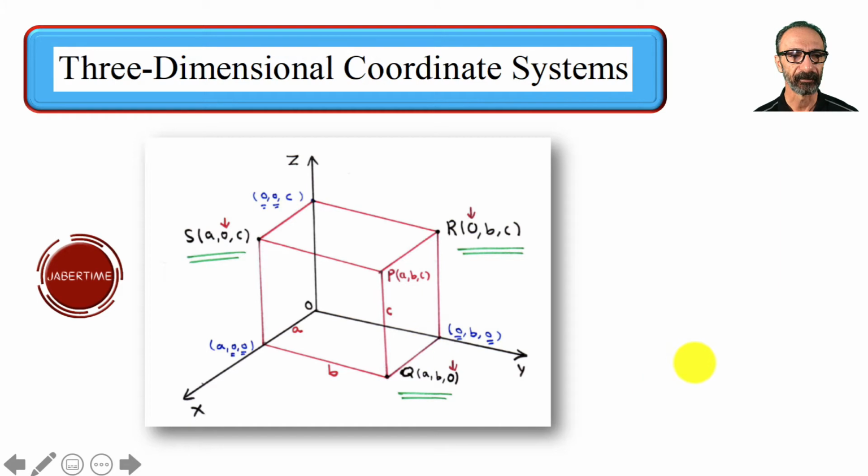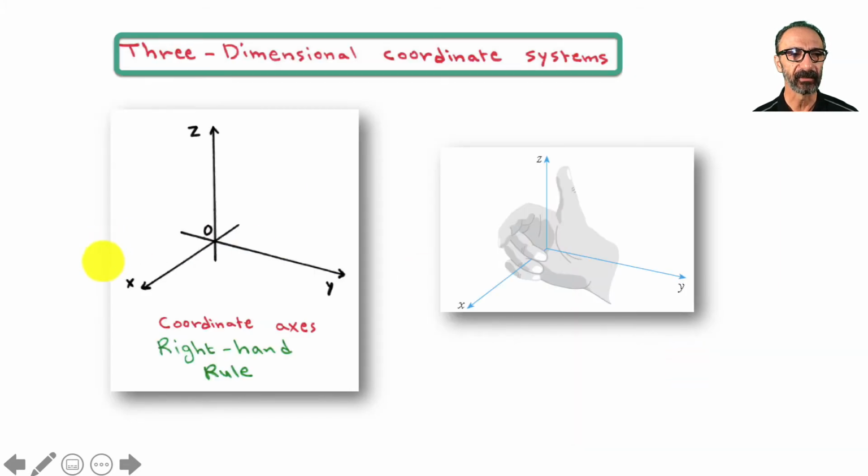Let's move on. Now, right here, the x, y, z, you want to make sure that you do it this way. You can't write x here and y here and z here. So x and y cannot be switched. To give you a comment, the coordinate axis, to help you understand it, is called the right-hand rule. If you use your hand and you go right from x towards the positive y, as you can see, you are pointing up to the z-axis.